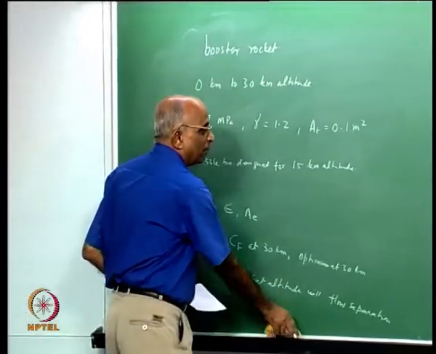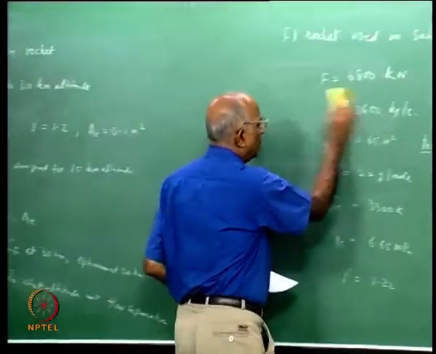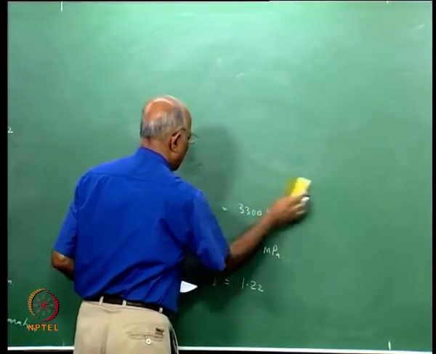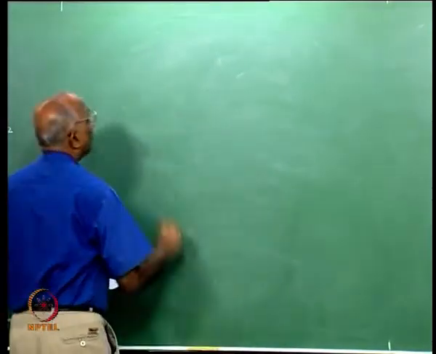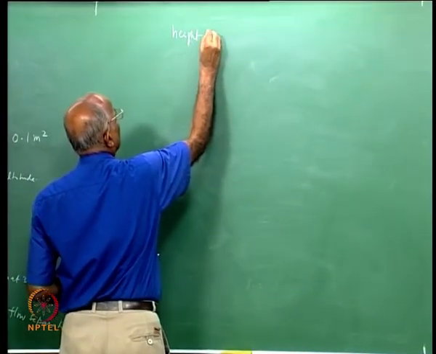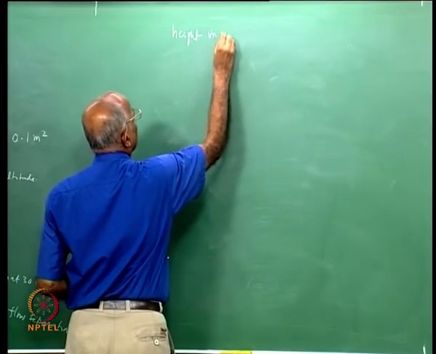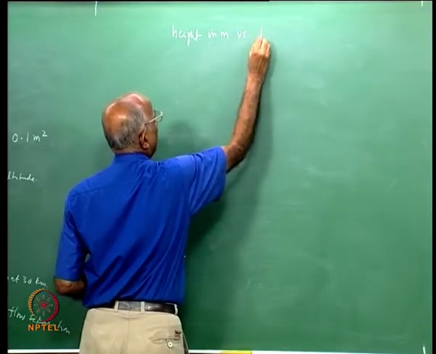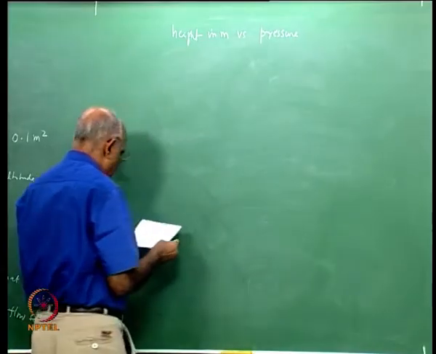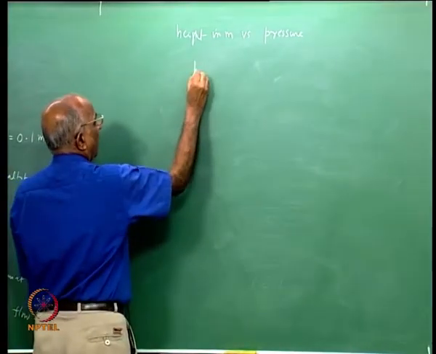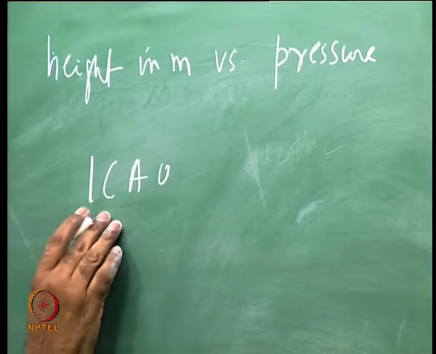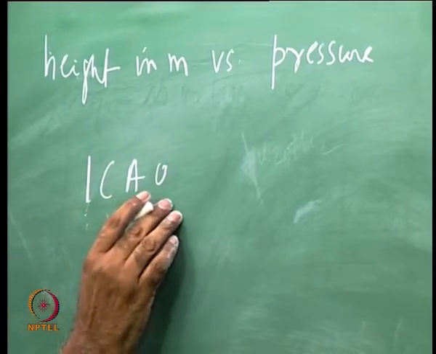We need some data, and the data which we normally use is something known as ICAO tables. We need to know altitude versus the ambient pressure. ICAO is the International Civil Aviation Organization.